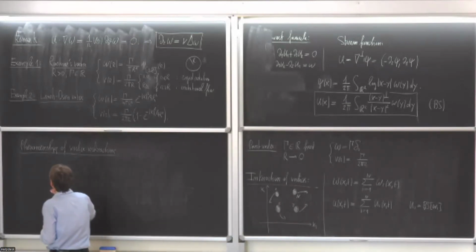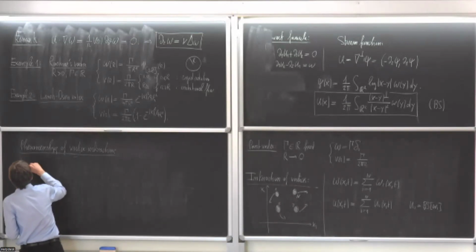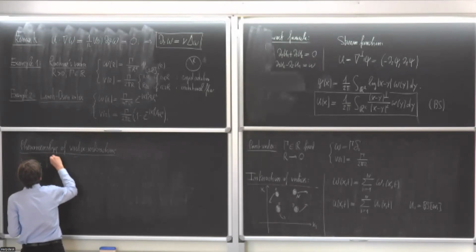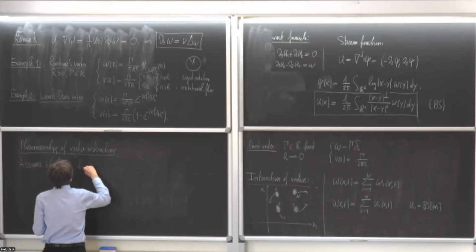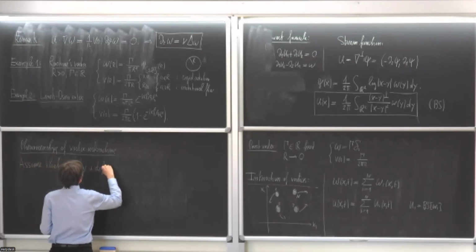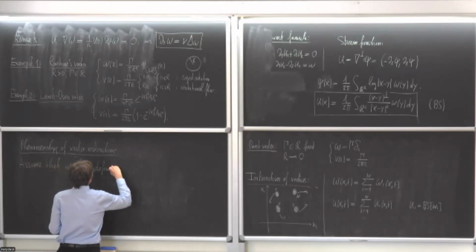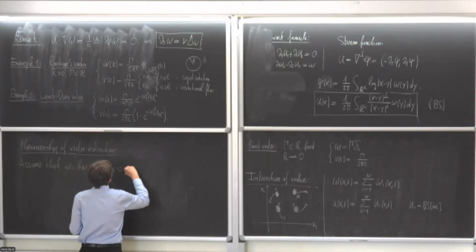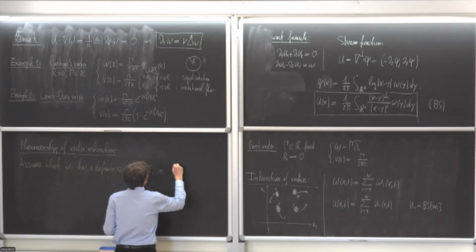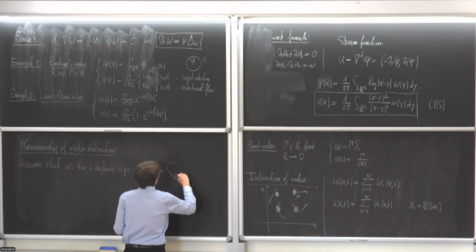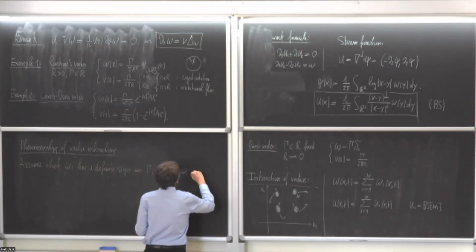So assume that omega i has a definite sign, so that the quantity gamma i, which I denote as the integral over R2 of omega i(x), is non-zero.